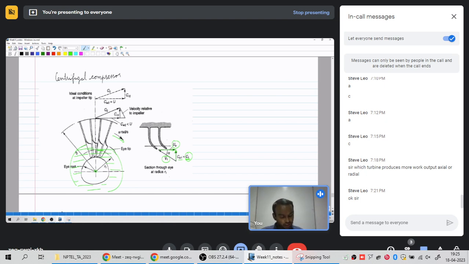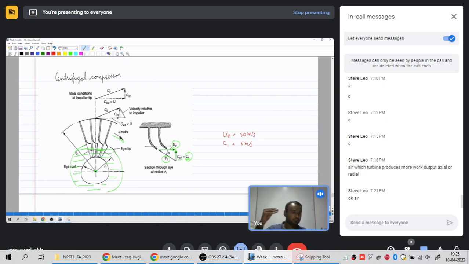Now V1 is what you get when the observer is on the blade. It will see air coming in, and that will not be axial. Assume C1 is 5 meters per second, and UE is very high, say 50 meters per second.